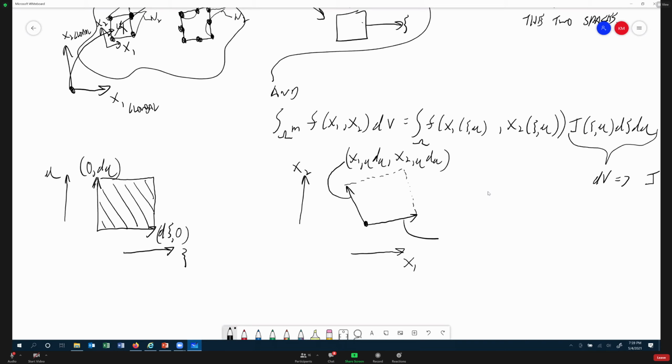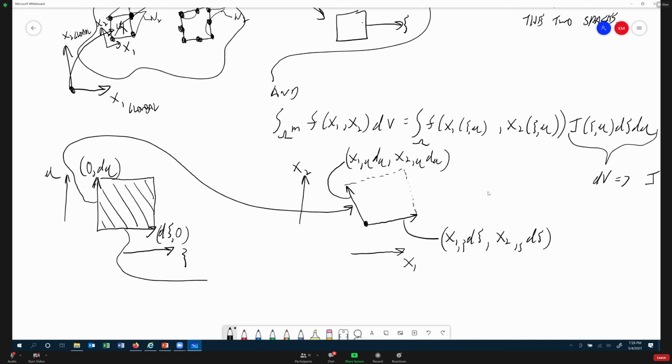And this one is x1 comma c, x2 comma c, and that one maps to there, and this one maps here. So it's a coordinate transformation.